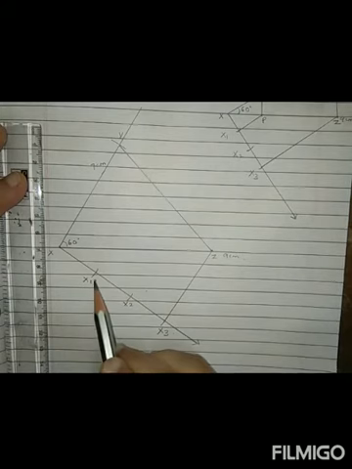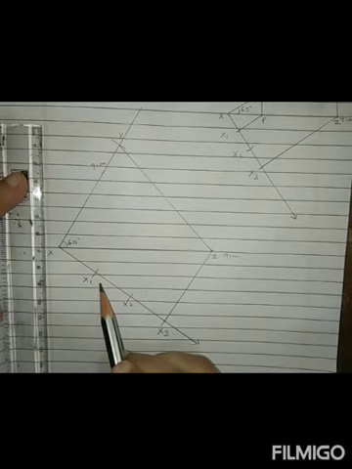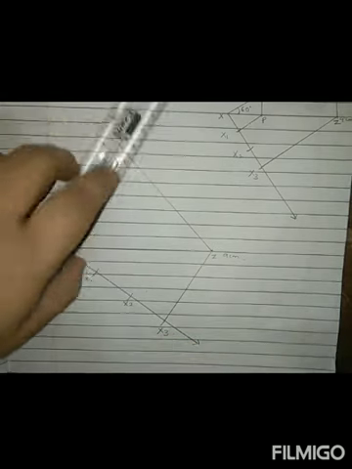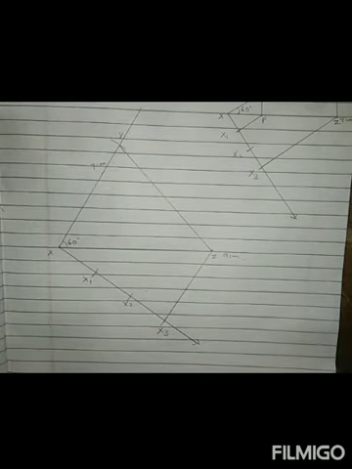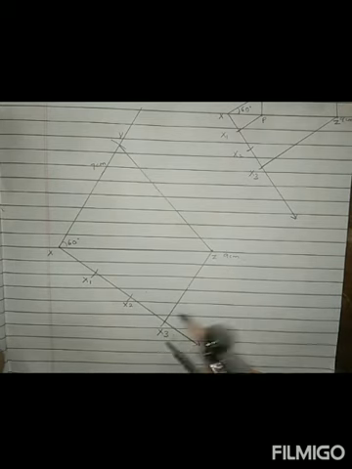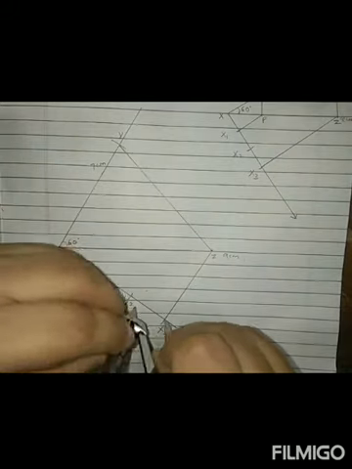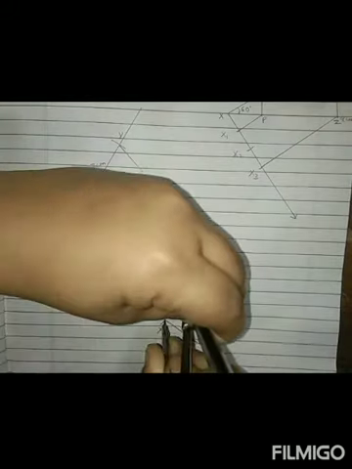Okay, now 1 corresponds to the new triangle, so we have to draw a line parallel here using the concept of congruent angles.